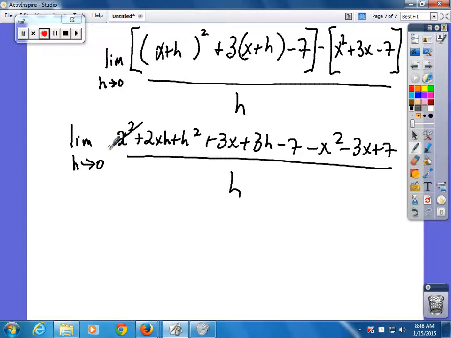And what happens to the x squareds? What happens to the 3x's? What happens to the 7's? Everything cancels except for anything with h in it. And that's what's supposed to happen.